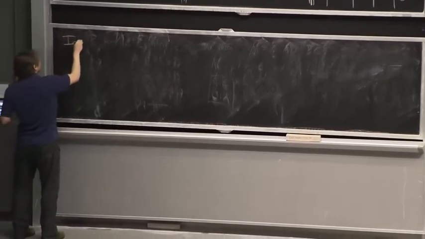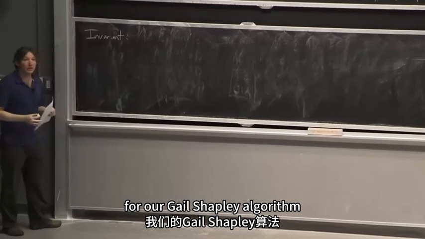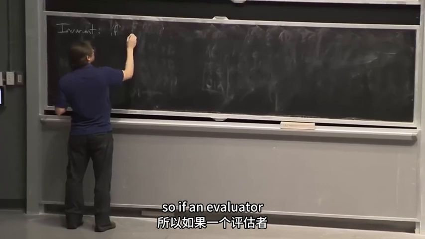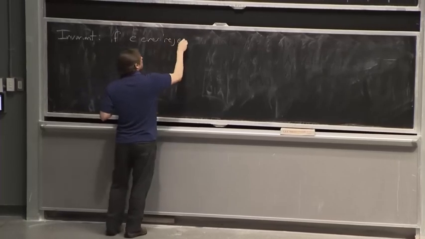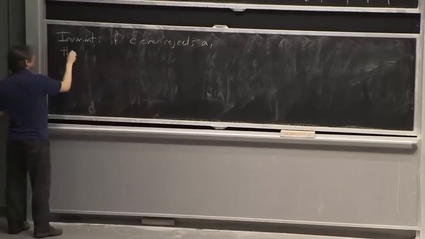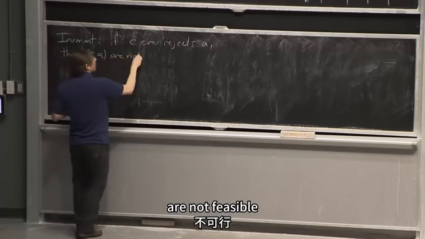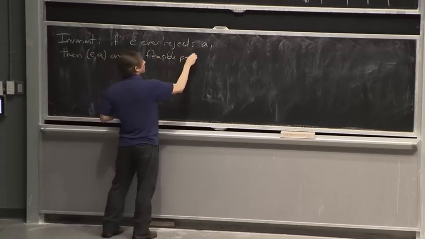So, an invariant for our Gale Shapley algorithm: if an evaluator E ever rejects an applicant A, then E and A are not feasible partners.